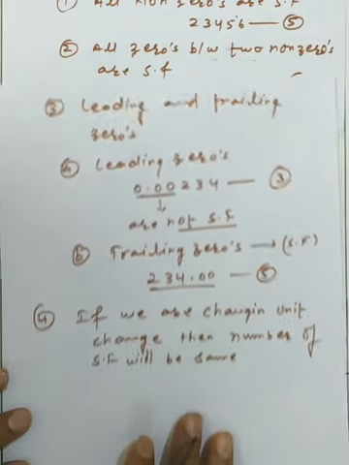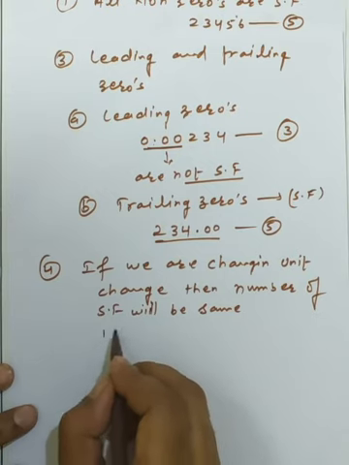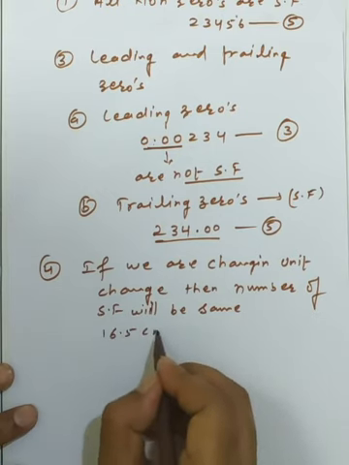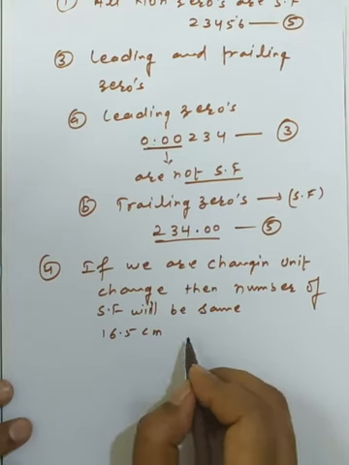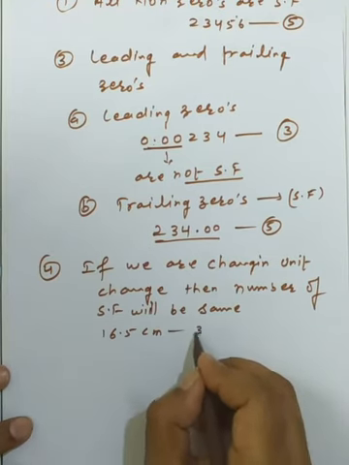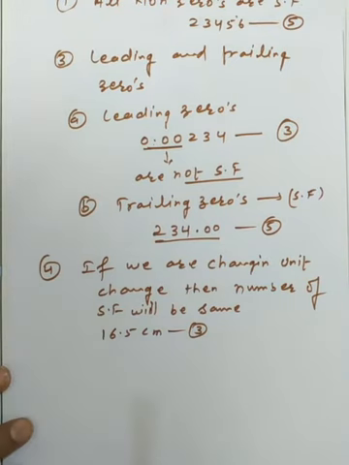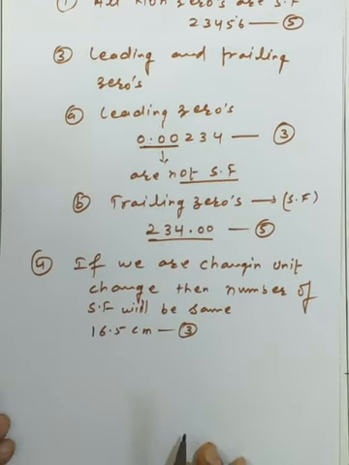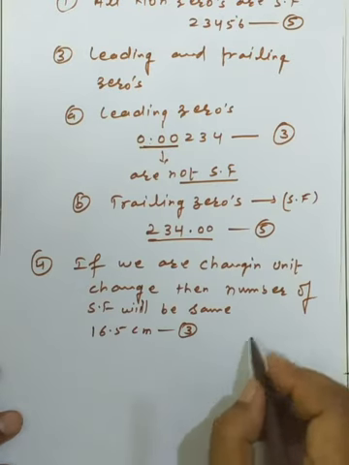We can take a general example in front of you. I am writing 16.5 centimeter as one figure. If I ask you the number of SF, you will say 3, because all are non-zero, and we are applying the rules to determine the number of SF. Now I ask you to convert the centimeter into meter.